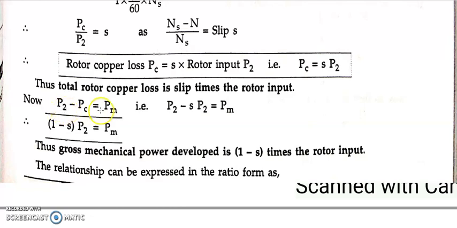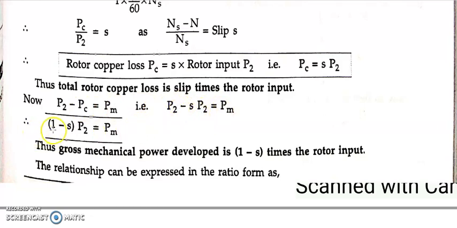Now, anyhow we know that gross mechanical power developed is the total rotor input minus the total copper loss. If I subtract one from the other, I get the gross mechanical power developed. We know that PC is equal to S times P2, so I substitute PC as S times P2.